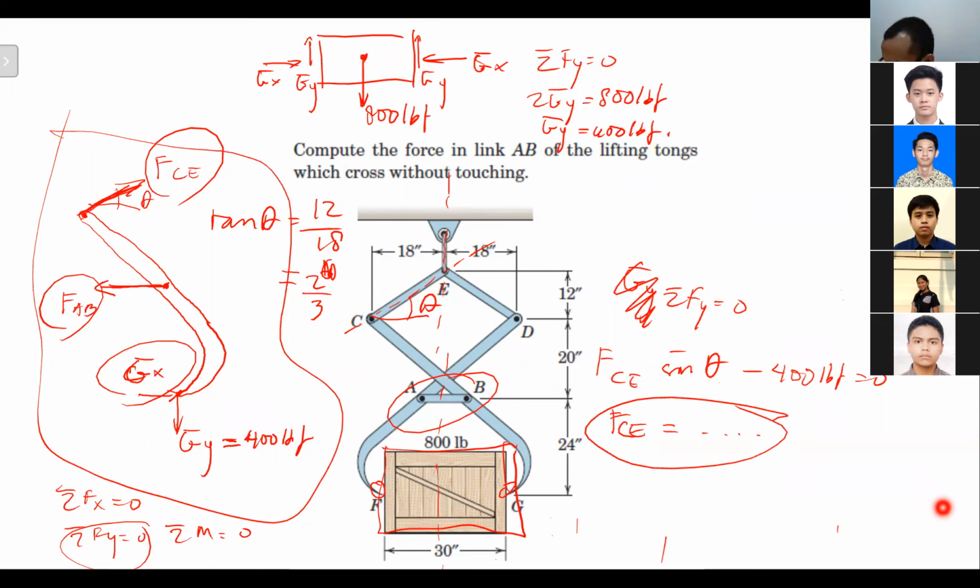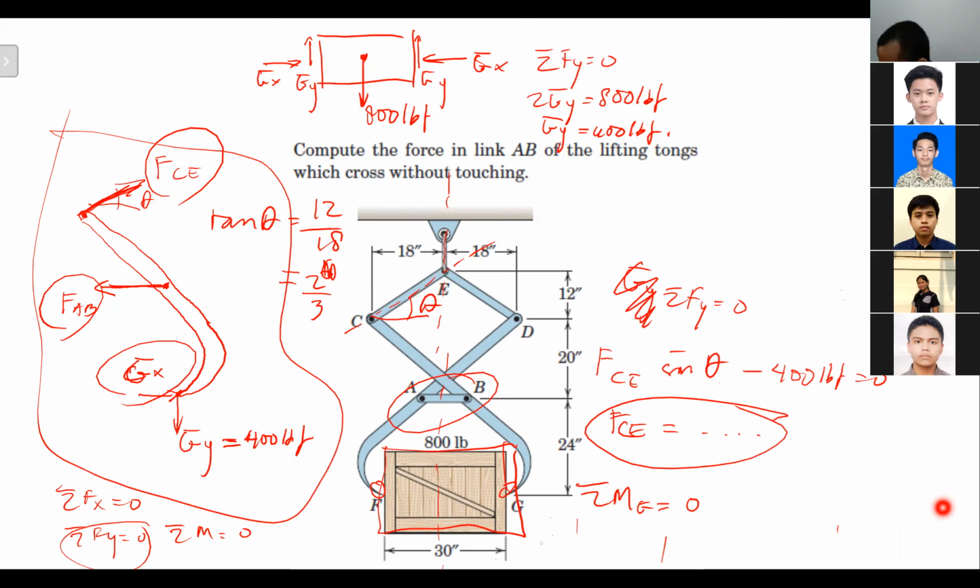And after you find FCE, which equation are you supposed to use then? Sigma moment at G. Sigma moment at G equal to 0. Then after that you can calculate for FAB.